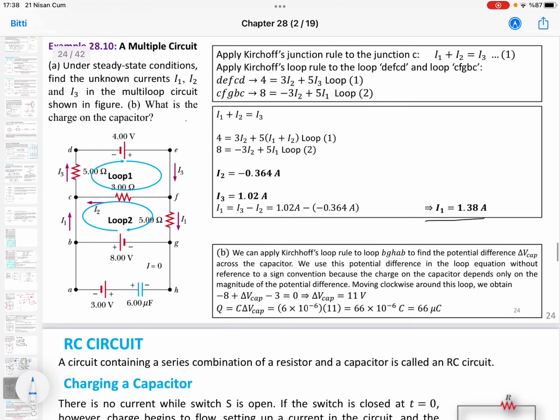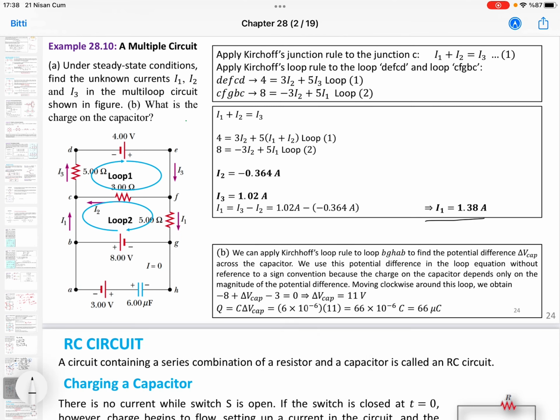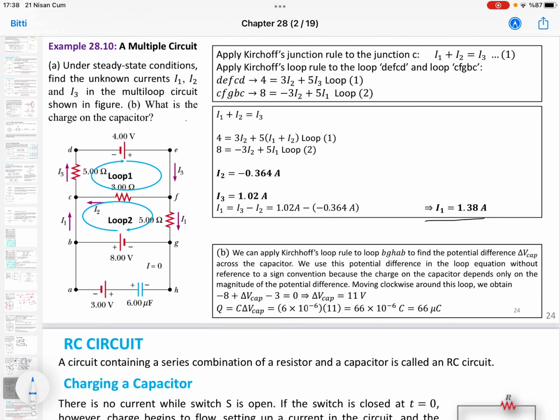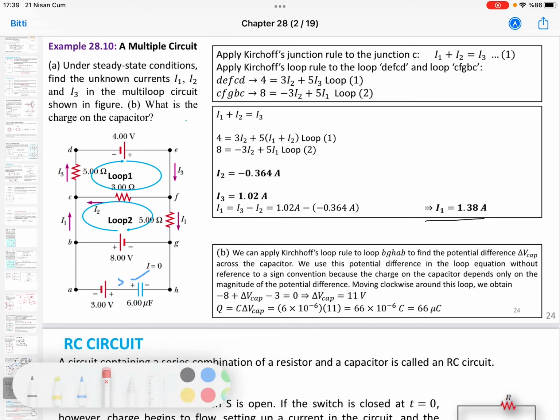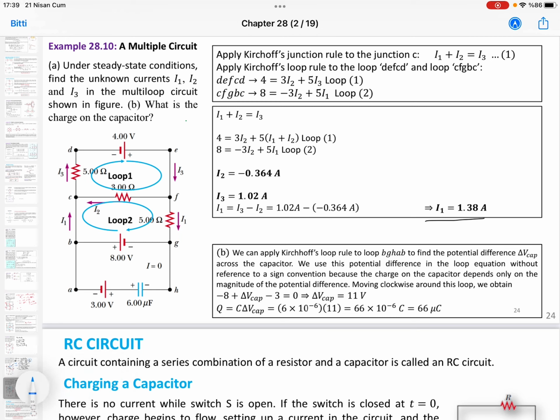It is easy. I will come here, and I will just show the loop. Again, I can start from the positive sign and then continue. Oh, sorry, give me a second. There are two batteries here, so it is arbitrary. You can start your loop from here or from the other battery. But my preference is starting from the bigger battery.